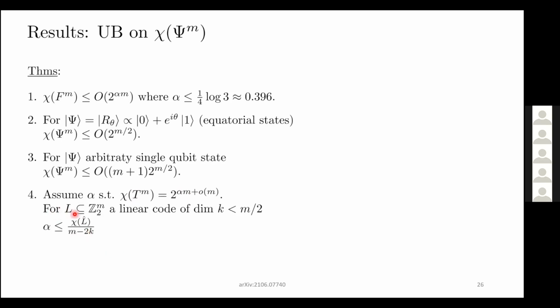L is some binary linear code that lives in Z2 to the M. It has dimension K, which has to be less than M on 2, otherwise this construction won't be helpful. If you have such a code, then you can define these things called code states.